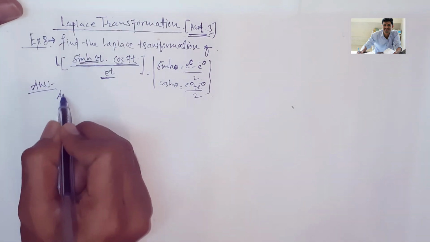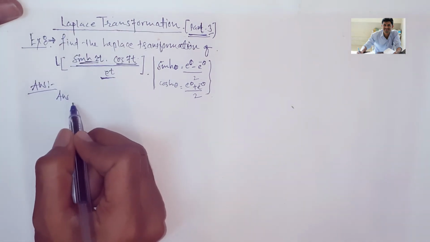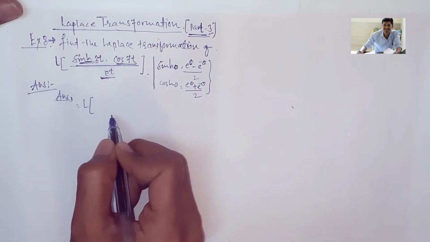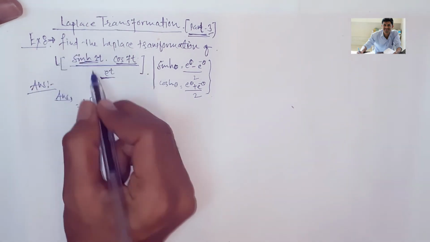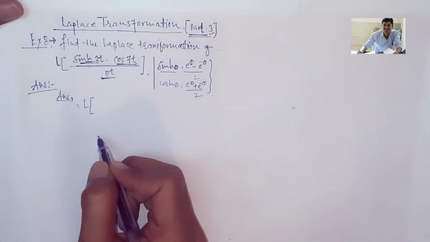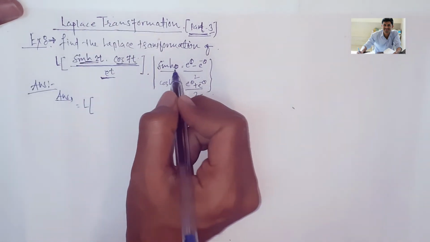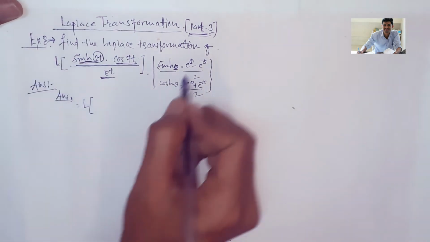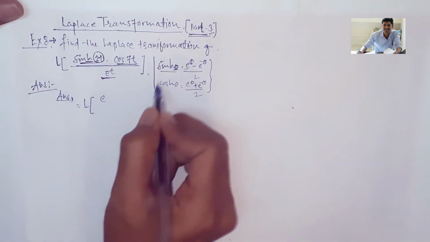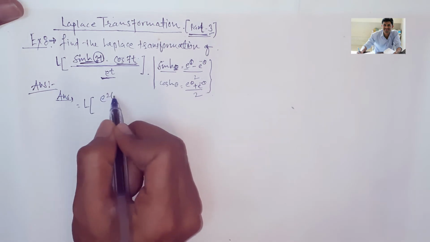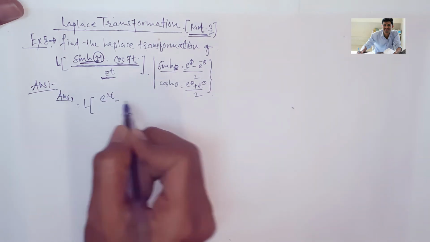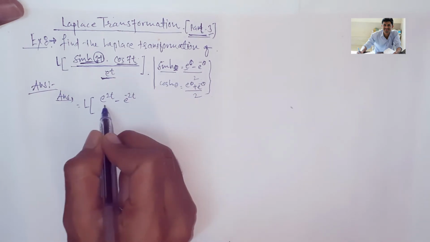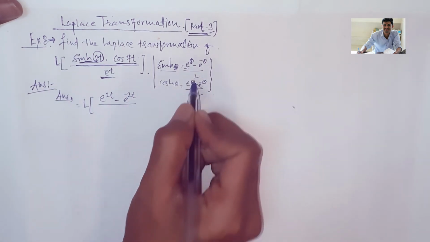So answer. The given Laplace equals Laplace as it is. I am writing the hyperbolic term in the form of exponentials. In place of theta, it is 2t, so it is e raised to power 2t minus e raised to power minus 2t divided by 2.